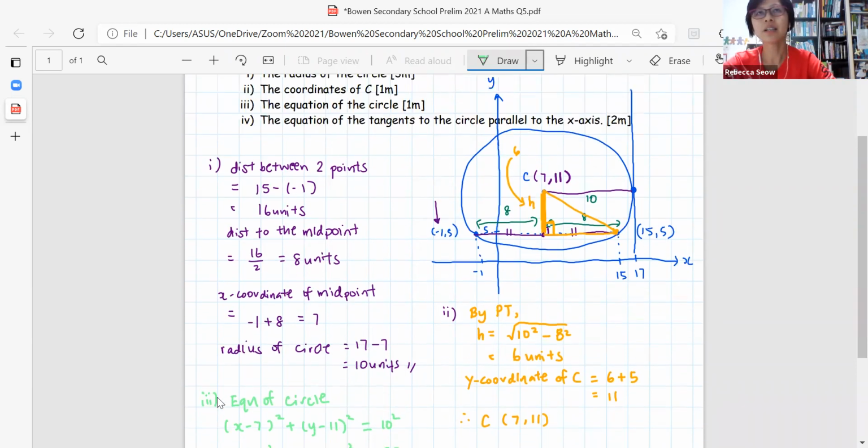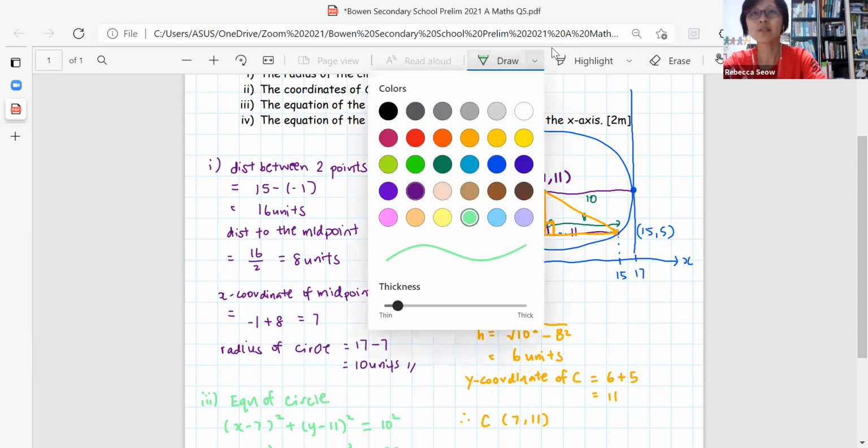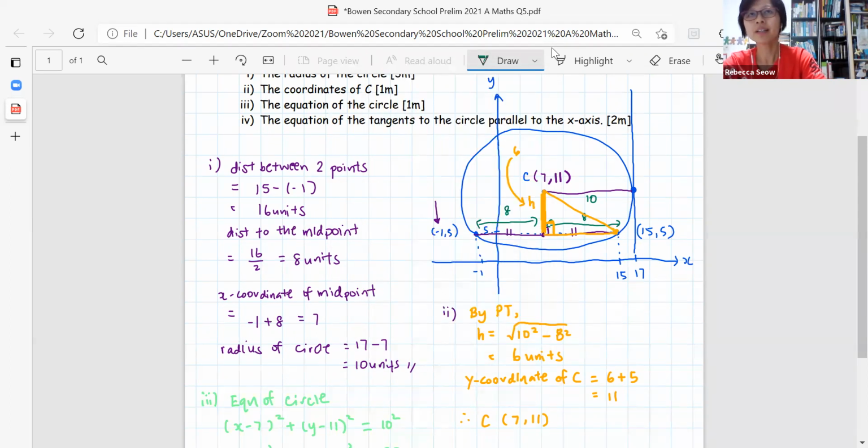Now let's take a look at the last question. We want to find the equations of the tangents to the circle parallel to the x-axis. I'm going to use yet another color, perhaps dark green. If something is parallel to the x-axis, it will look something like that.